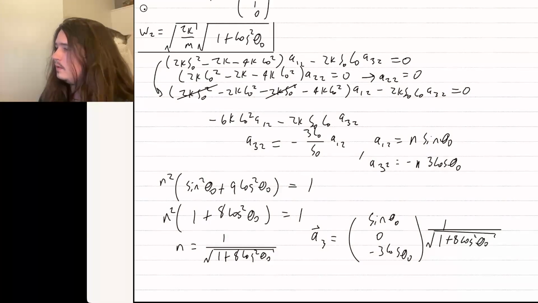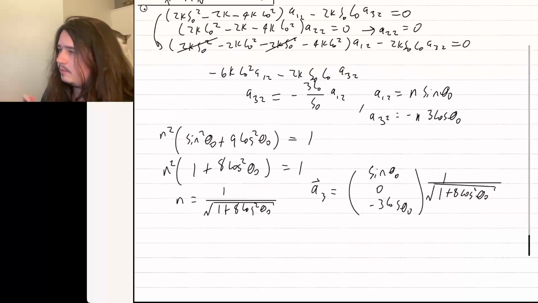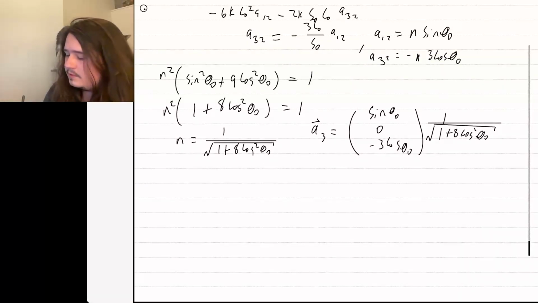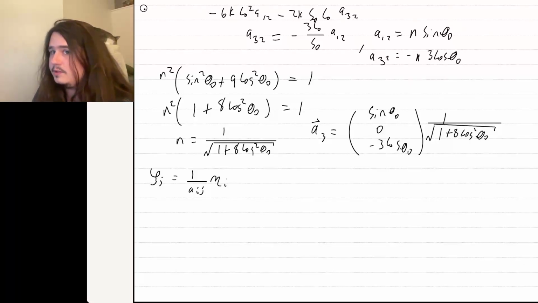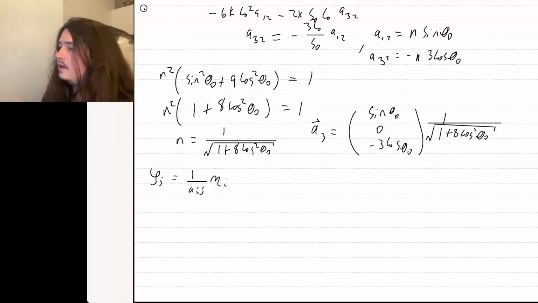So that's not the end of the problem, but it's very close, since the principal modes are pretty much the inverse of the eigenvectors times whatever coordinates we defined in the first place.